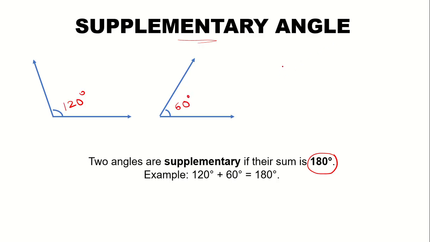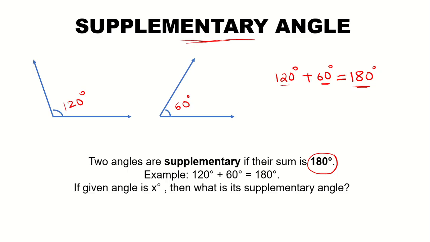So when you sum them up, how much will you get? 120 degrees plus 60 degrees equals 180 degrees. So, when you measure these individual angles and add them up, when the resultant is 180 degrees, it is called supplementary angle.